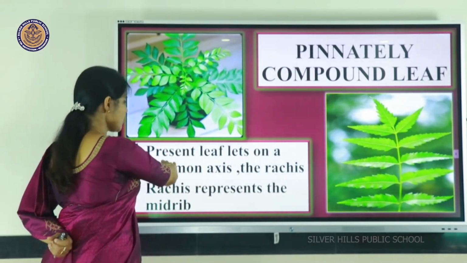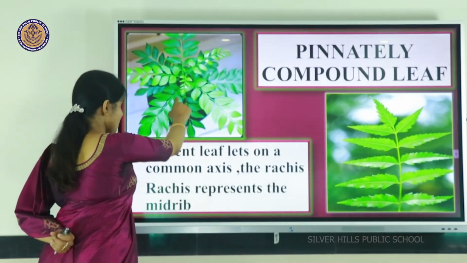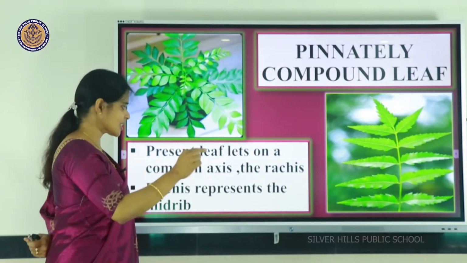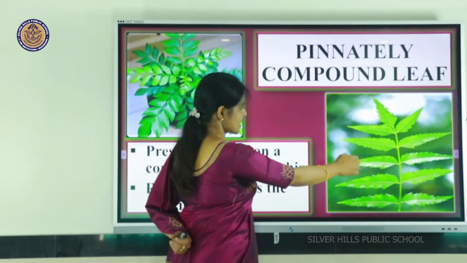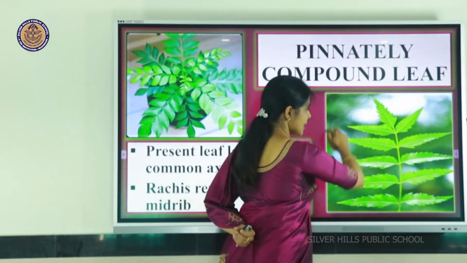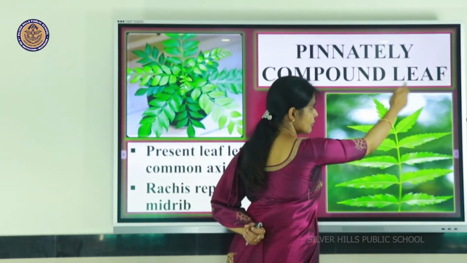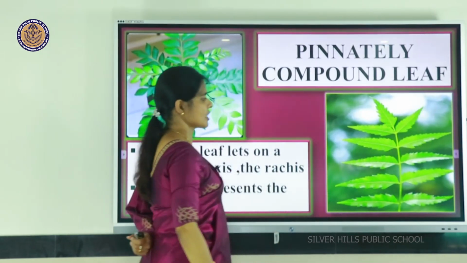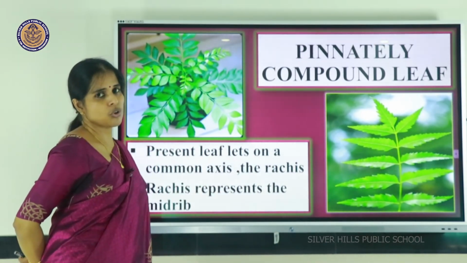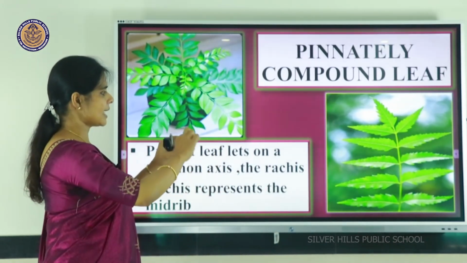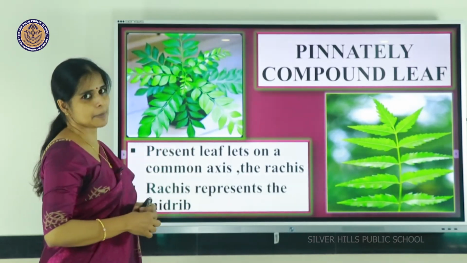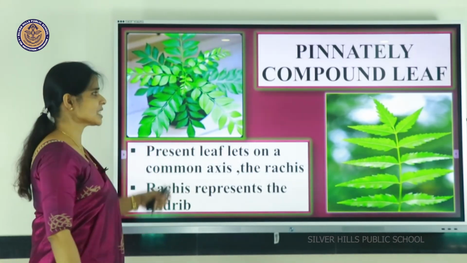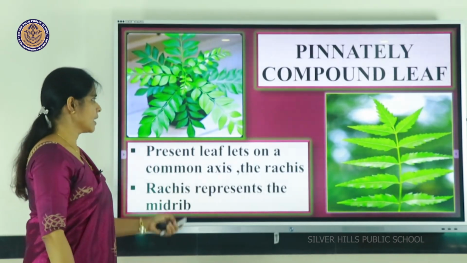So, in pinnately compound leaves there is a common axis which we call the rachis or midrib. The rachis represents the midrib, and the entire leaf has incisions making it into different leaflets, all uniformly arranged on both sides in a pinnate manner. This is known as a pinnately compound leaf.